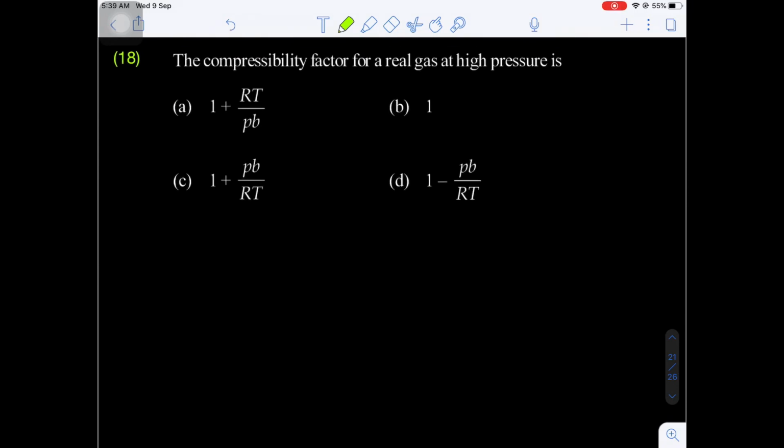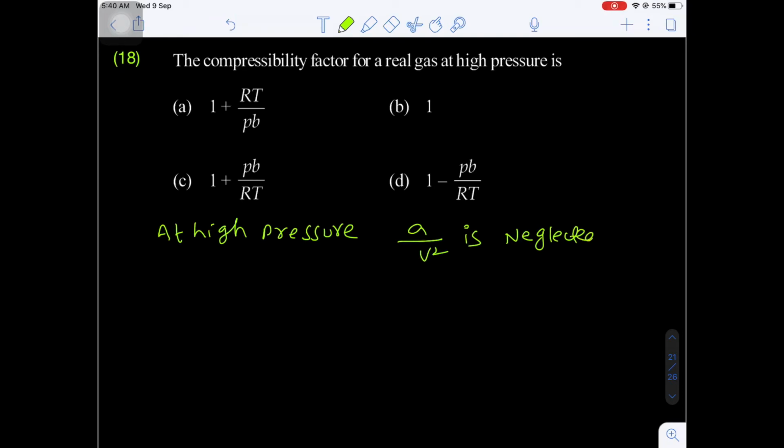Now question number 18, the compressibility factor for a real gas at high pressure. Do you know at high pressure A by V square is neglected?